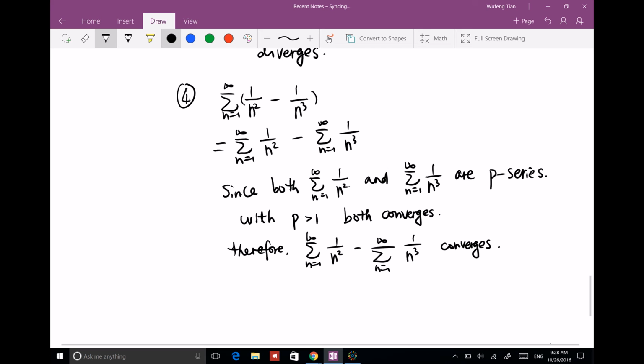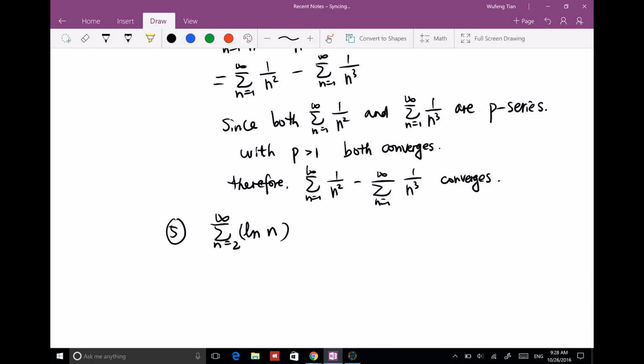I'll do another one. N from 2 to infinity ln n. I'll ask a student to help me with this one. What do you think this would be? Nicholas? What do you think of this one? Do you think this one converge or diverge? I don't know what P is for sure. Well, this is just any series, not just a P series.